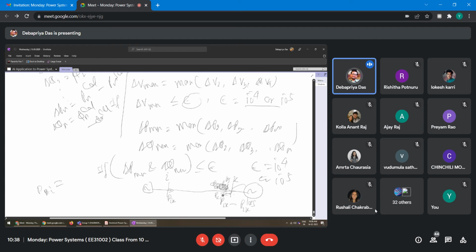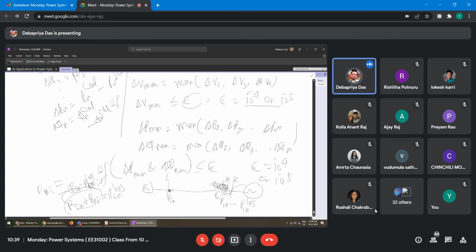So PIK plus PKI is equal to PIK loss, right? That means in this direction is PIK, in this direction is K to I, PKI. If you add these two, you will get the loss of the line, right? Similarly, QIK plus QKI will be Q loss IK.